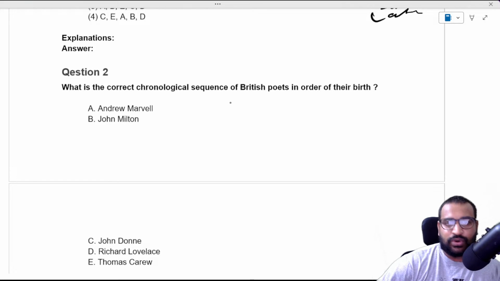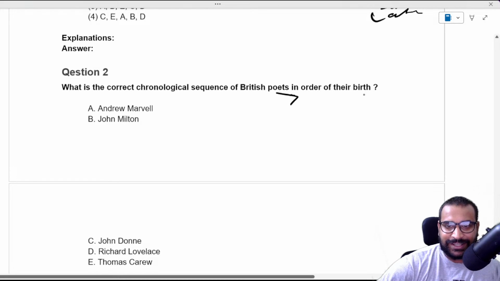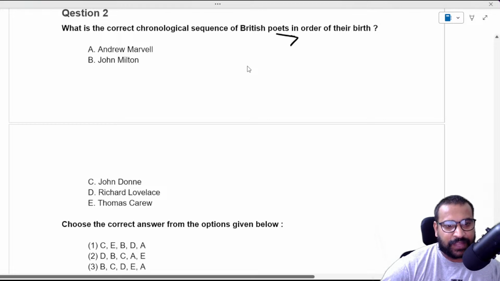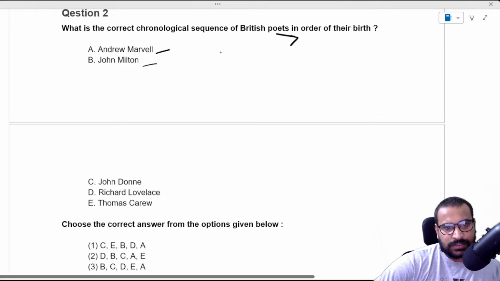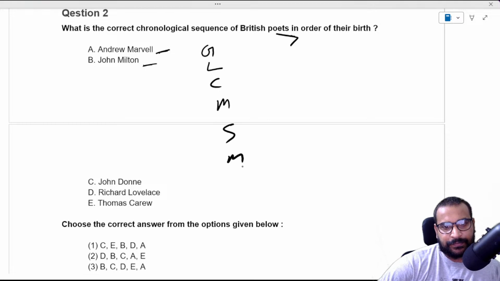What is the correct chronological sequence of British poets in order of their birth? So, as we know, we have talked about Marvell, Milton. We have a code. Remember? The code was GLC M, then Moore and all these things, right?